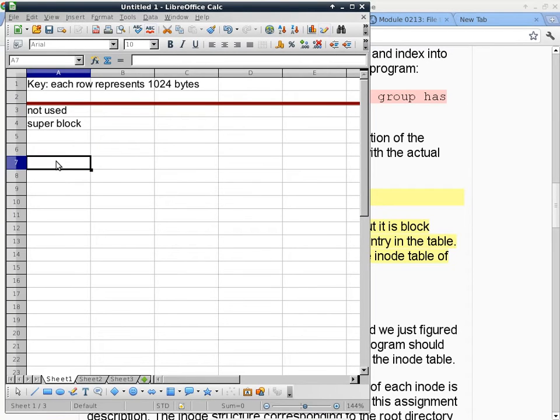Even though that first 1024 is not used, it's part of the first block. Neither are these 2,048 bytes. So if our block size was 1024, then it would be starting at row 5. That is correct, and that can happen. It depends on how you format your extended file system. You can specify a 1024 byte block if you want to.